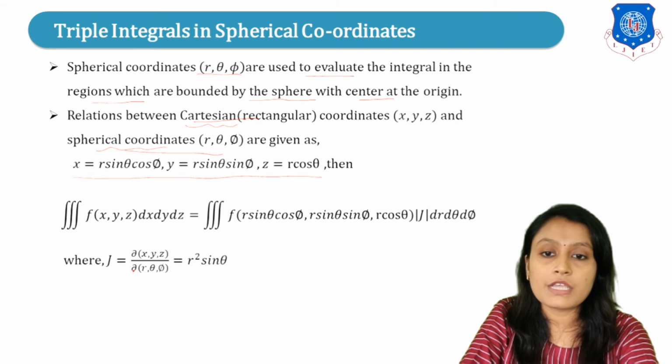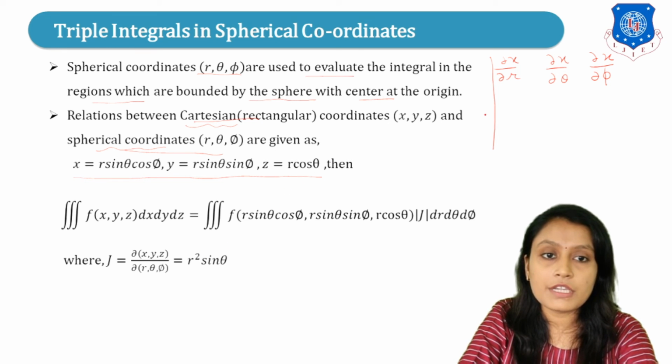Okay, now where Jacobian J is what? Del of x y z upon del of r theta and phi. Okay, so this is your determinant: del x by del r, then del x by del theta and del x by del phi.